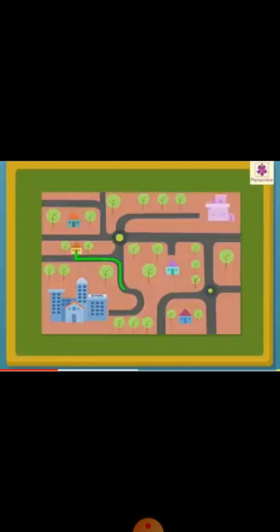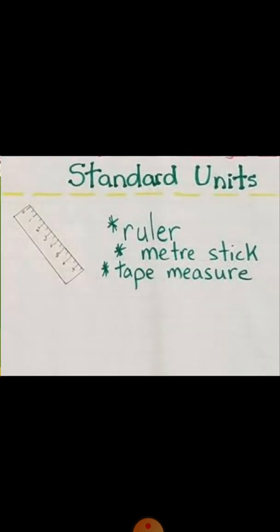Which unit do we use? Kilometer. In the same way, if we want to measure the distance between two countries or between two cities, we will use kilometer. Clear? Now these are called standard units.